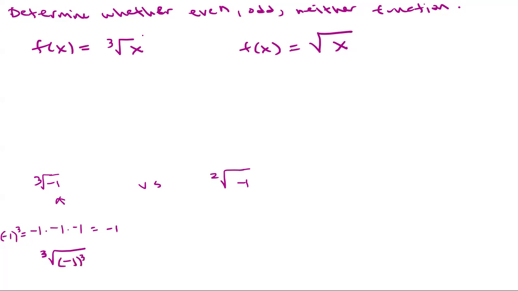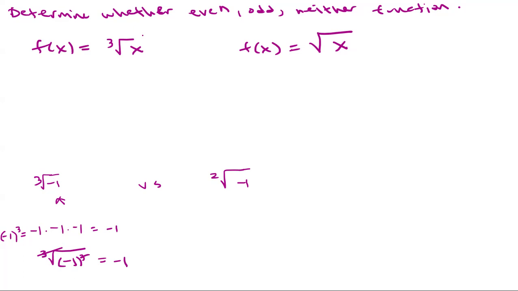Okay, because again, this here is the same thing as we rewrote it. They're the same thing. So that means then I can get rid of the root here and the power, leaving us with -1.